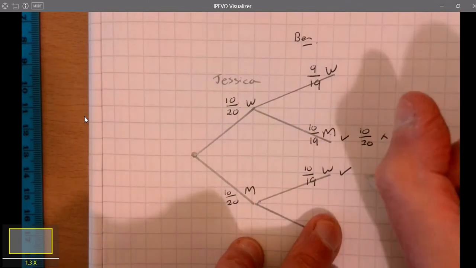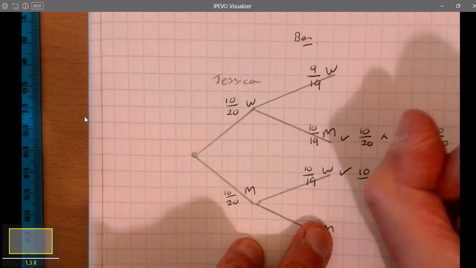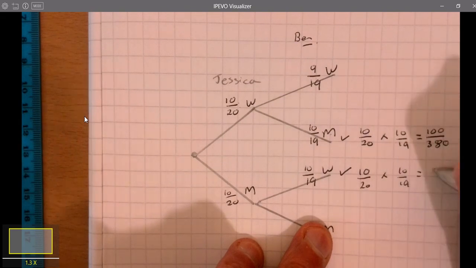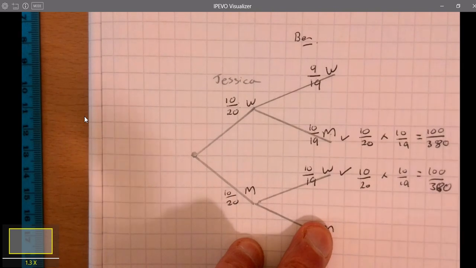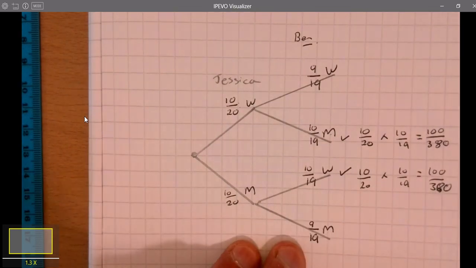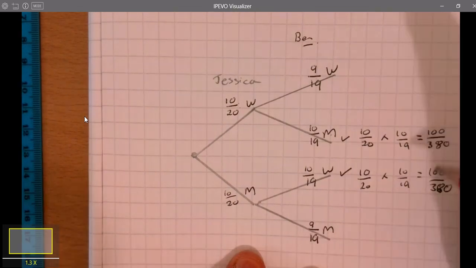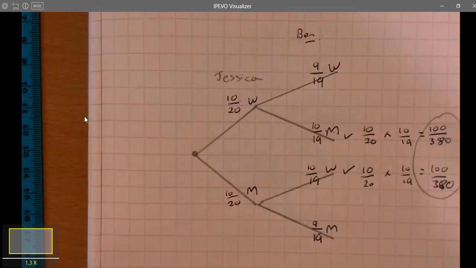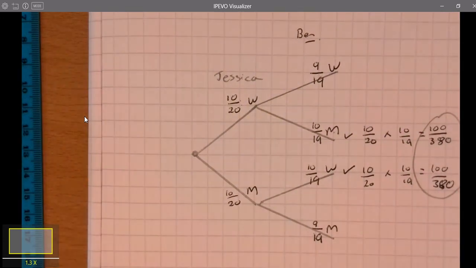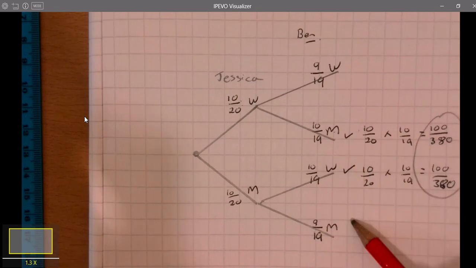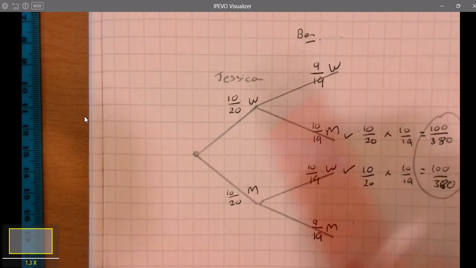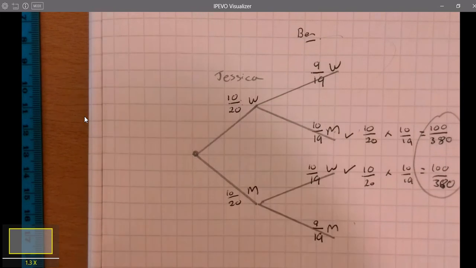Then we go around the other route as well, which is exactly the same calculation, 100 over 380. And the probability of different colours would be these added. Remember, sometimes it says something like, what's the probability that we get at least 1 milk chocolate? Then it would be these ones. You could turn it around and do 1 take away what it's not, if you want to be a little bit clever.